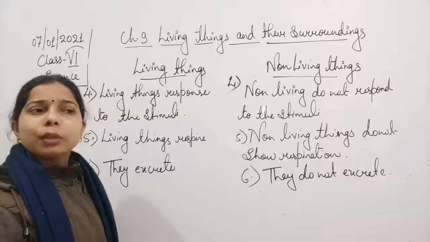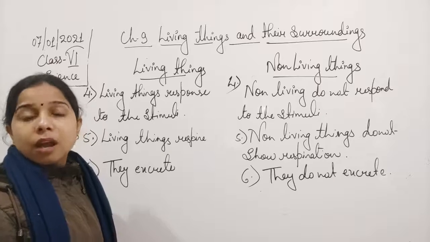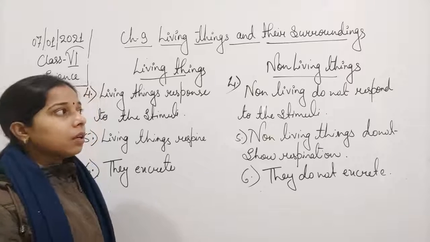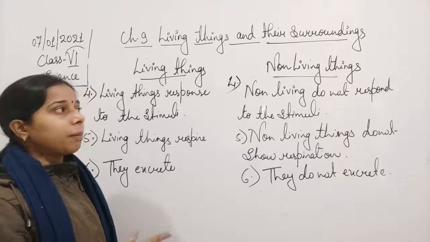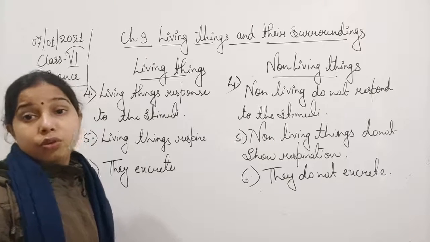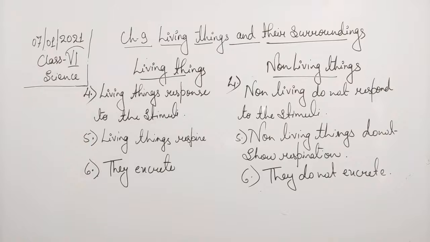Now, right now we discussed that living things show the process of reproduction, due to which they give birth to a new member. But non-living things, have you seen it? No, absolutely not. So non-living things do not show the process of reproduction.